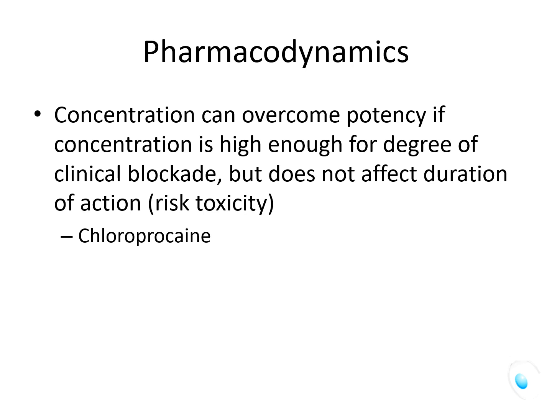Remember that chloroprocaine has very low risk for systemic toxicity because it's metabolized so quickly, which is one reason we can give it in such high concentrations or dose to overcome its pKa, which would otherwise give it a slow onset.